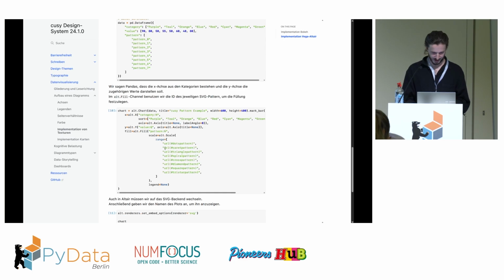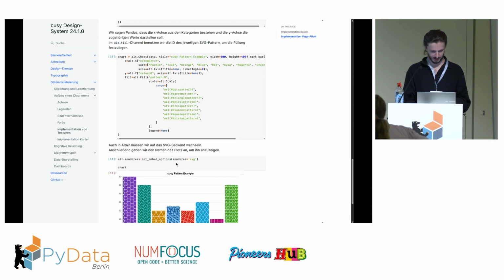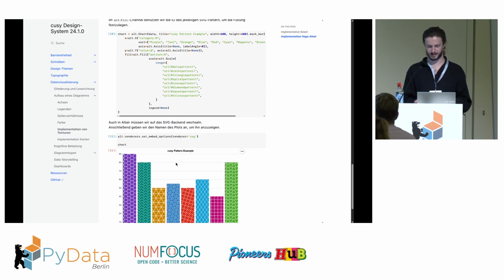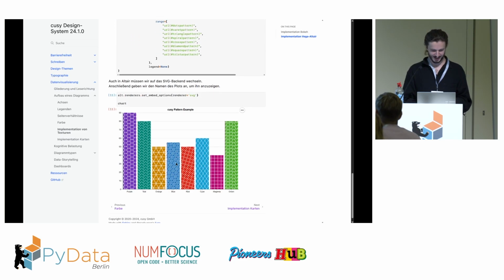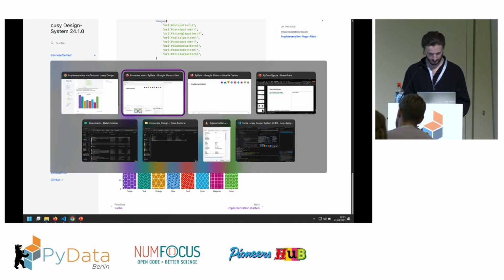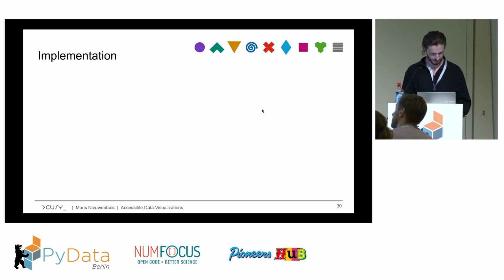And here the big part is we can reference the different patterns via DOM ID reference. And here again we have to use the SVG backend or renderer for displaying the SVG patterns. So I'm a bit short on time, but I'm also about on my last slide.